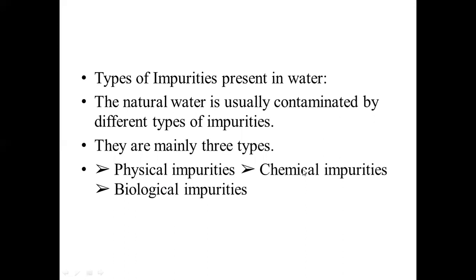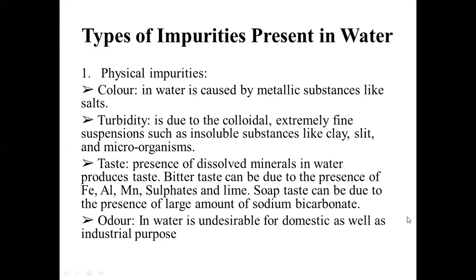What is meant by physical, chemical, and biological impurities? We will see. Physical impurities are color, turbidity, taste, and odor. These are all physical impurities.